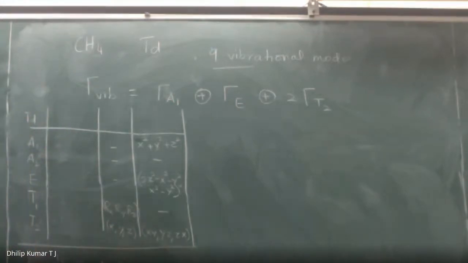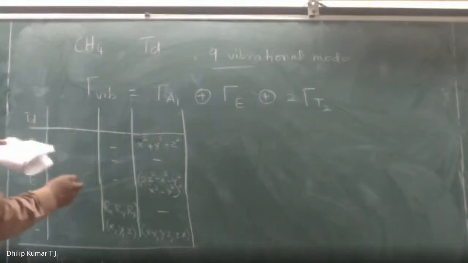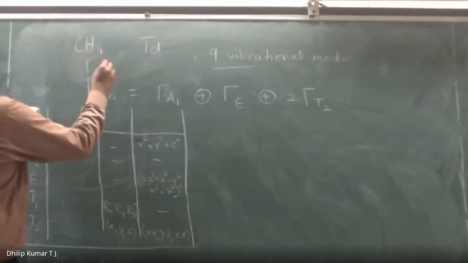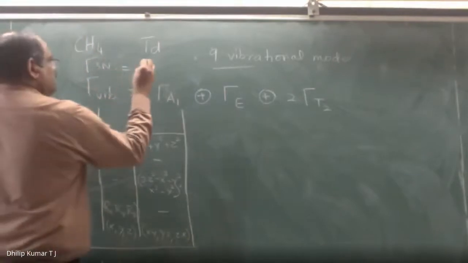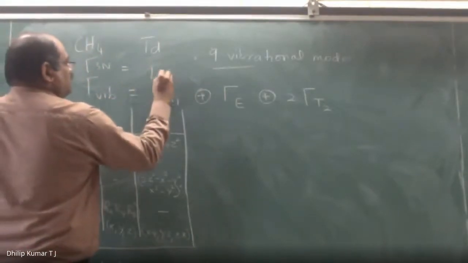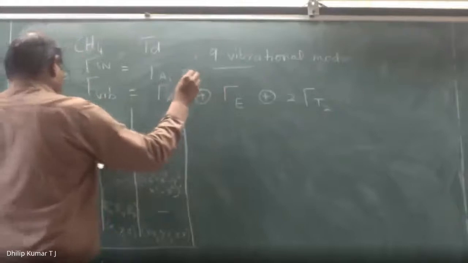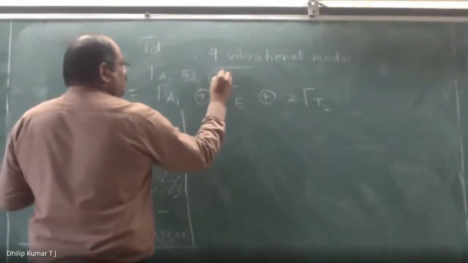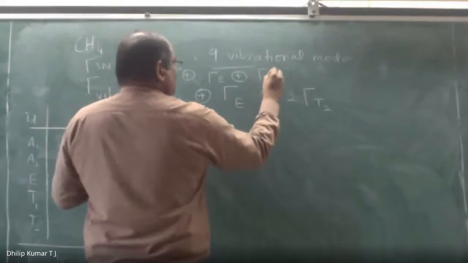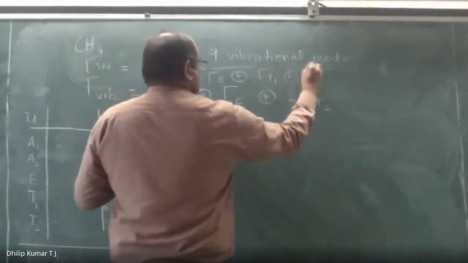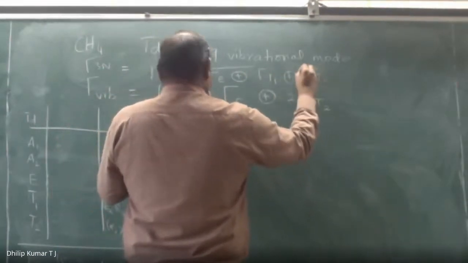From that you get the total degrees of freedom, 3N, which is A1 plus gamma E plus gamma T1 plus gamma T2, 2 times or 3 times.